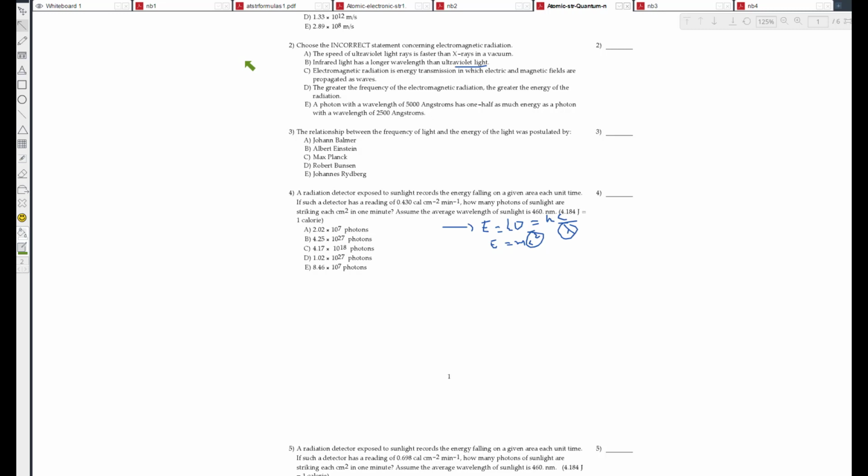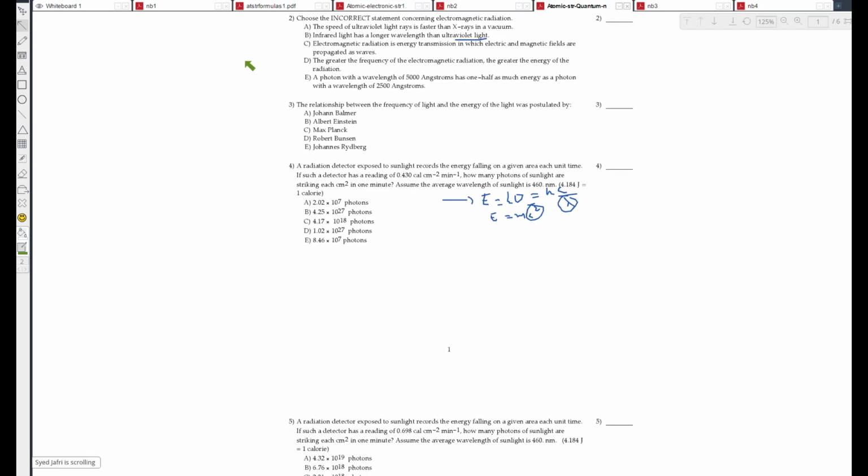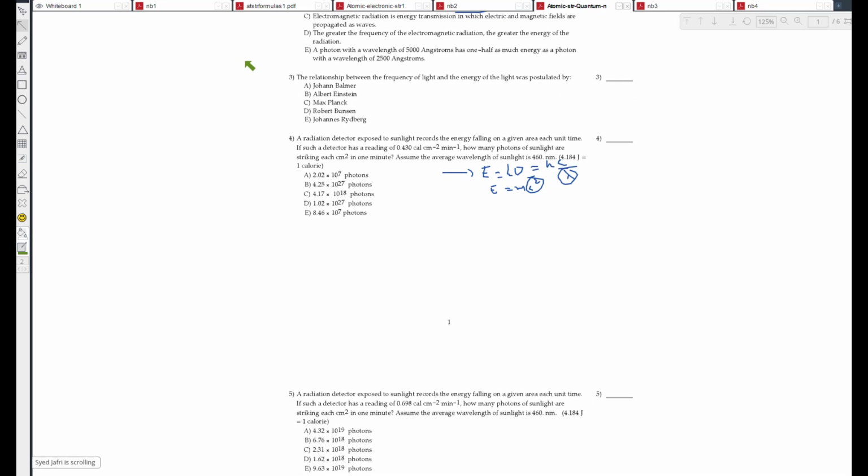That's why it has 1/2 the energy, because wavelength is inversely related to energy. A shorter wavelength means more energy, and they are double. So this is like 1/2. That's correct.